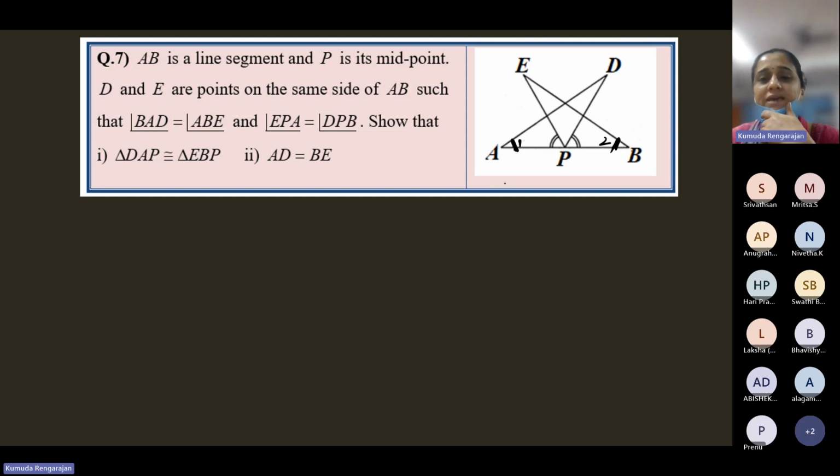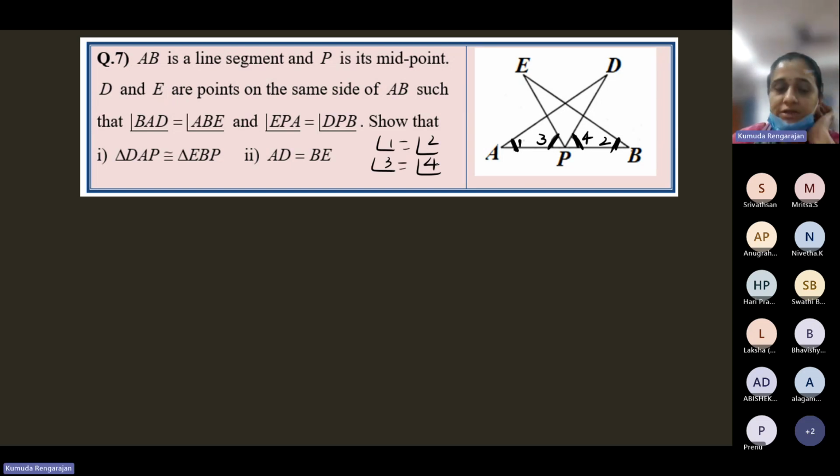And angle EPA, this angle 3, is equal to angle DPB, this one. So angle 1 is equal to angle 2, angle 3 is equal to angle 4.